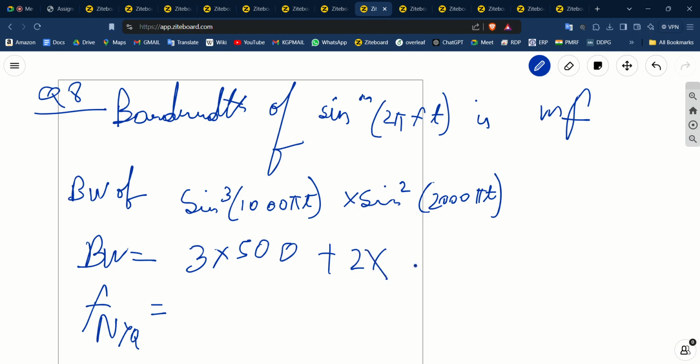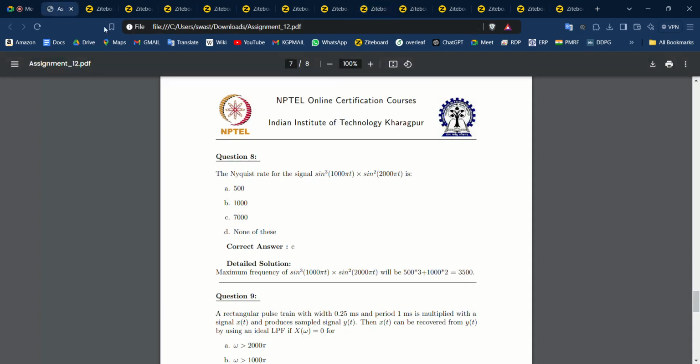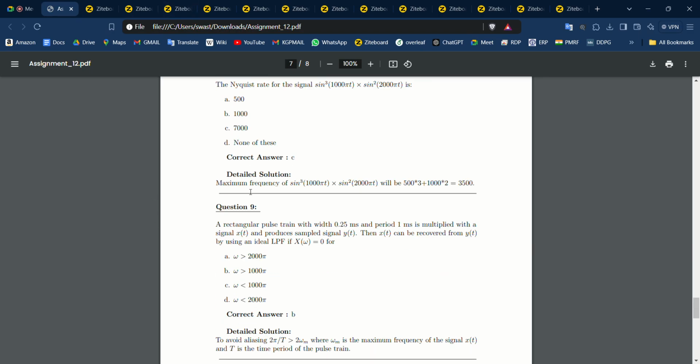So this will be 2 into 1000, 3500 hertz. So bandwidth will be 2 into 3500 hertz, which is equal to 7000 hertz or 7 kilohertz. So option C, 7000 hertz.